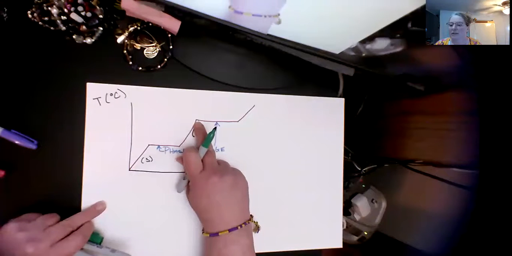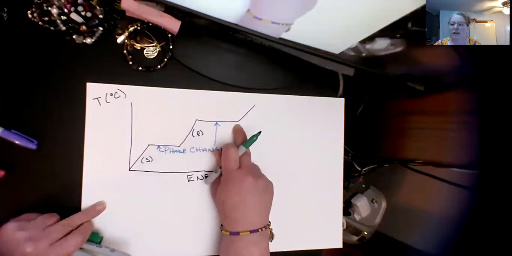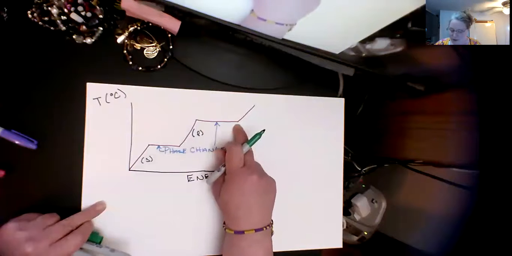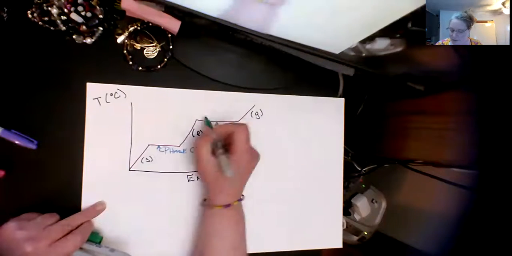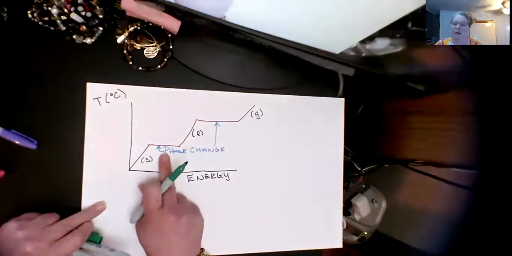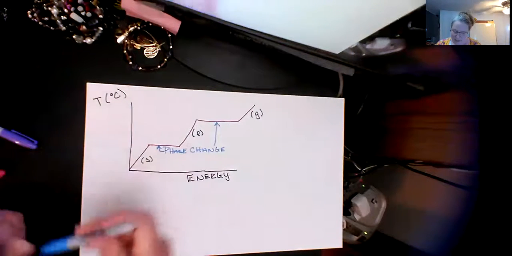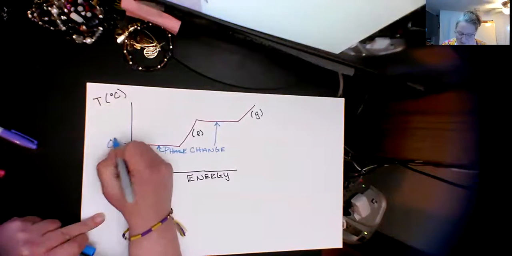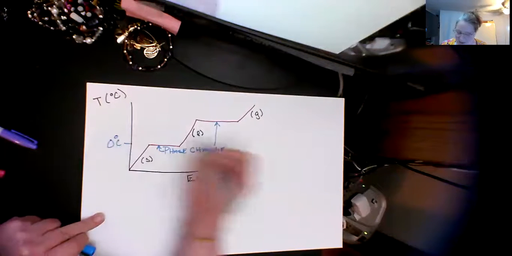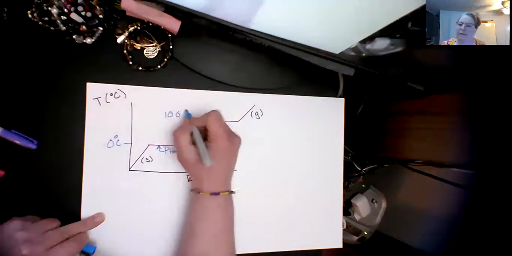My temperature remains the same, and now I'm just putting all that energy in to make this phase change go from a liquid to a gas. So this is a phase change, and this is a phase change. For water, this is happening at 0 degrees C, and this would be happening at 100 degrees C.